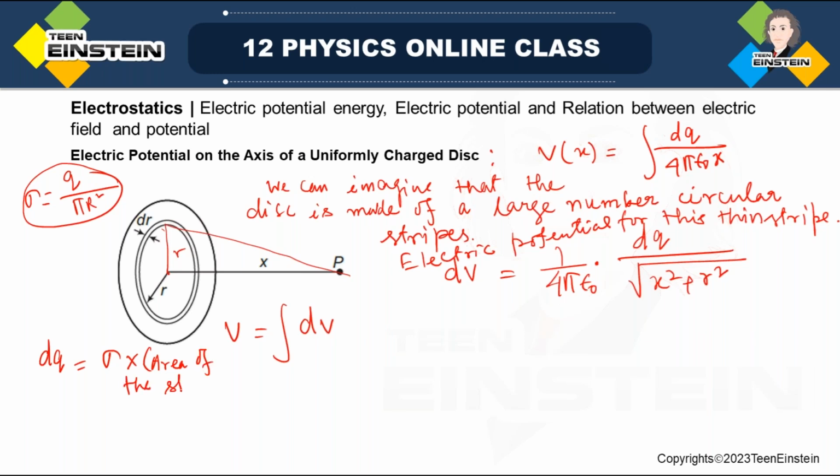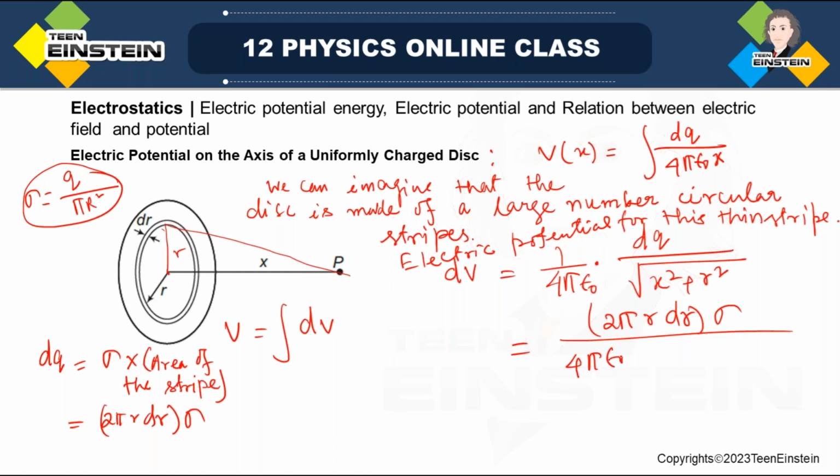The area of this stripe is 2 pi r into dr. So I can write dV as 2 pi small r dr into sigma divided by 4 pi epsilon naught, whole into the square root of r square plus x square.